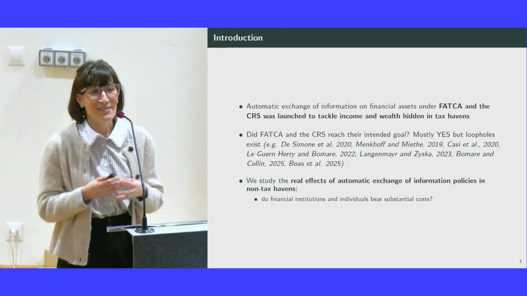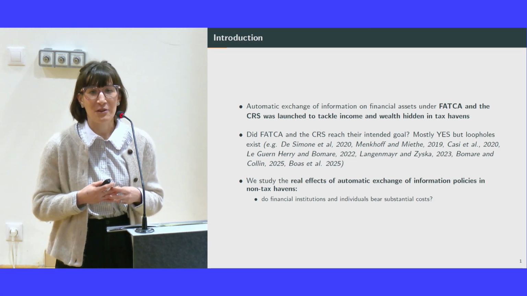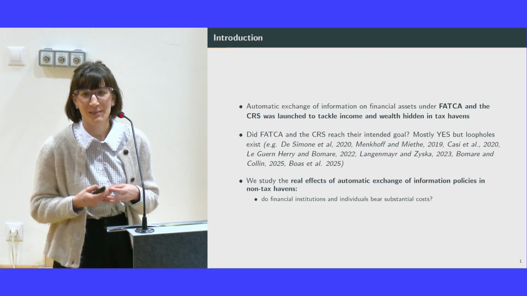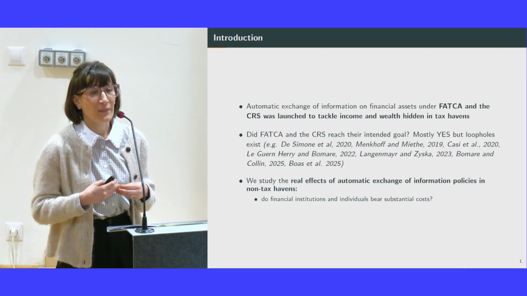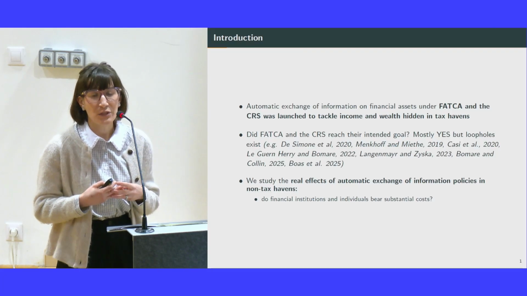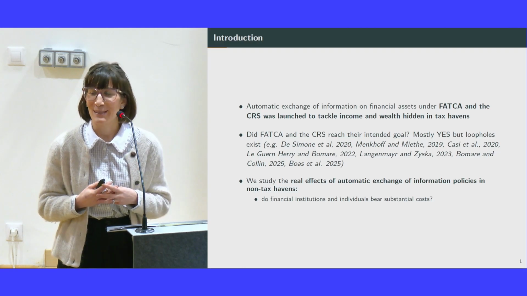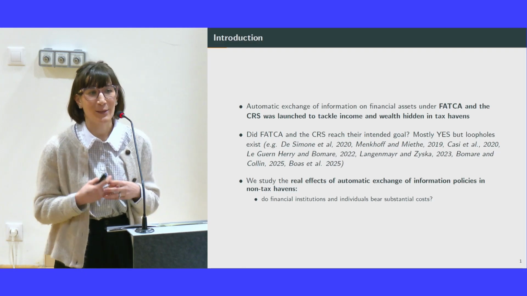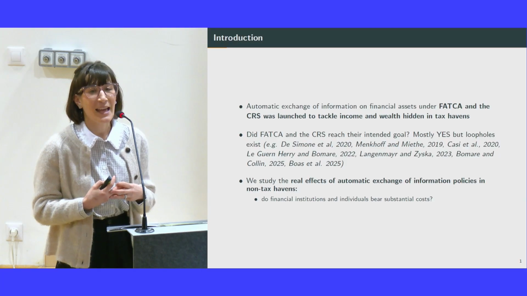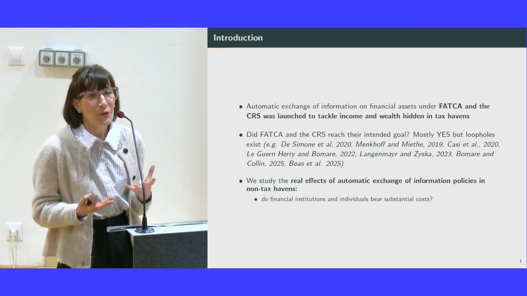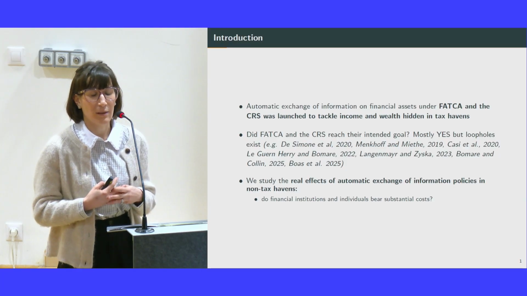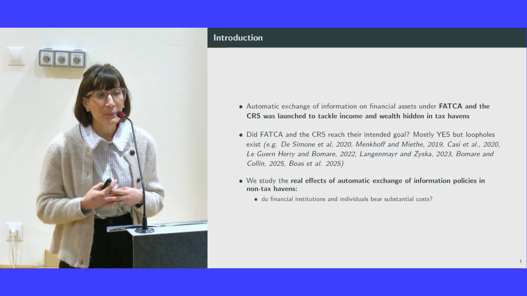As everyone knows, automatic exchange of information policies like FATCA and CRS have been launched to target offshore tax evasion and hidden wealth in tax havens. From all the papers at the conference, I think we can commonly say that mostly we achieved this goal, but of course we saw that there are a lot of important loopholes we have to work on.